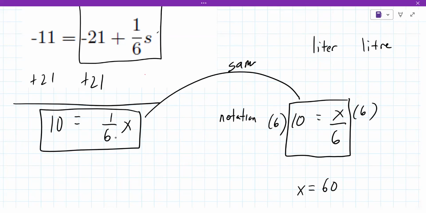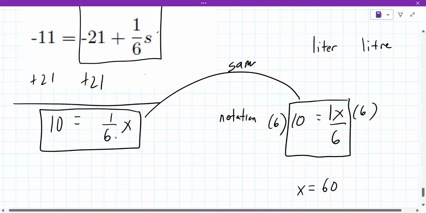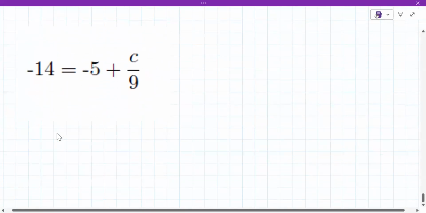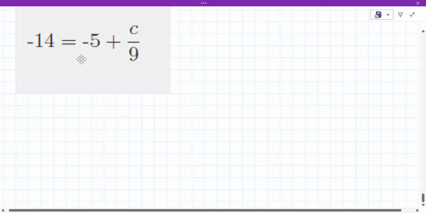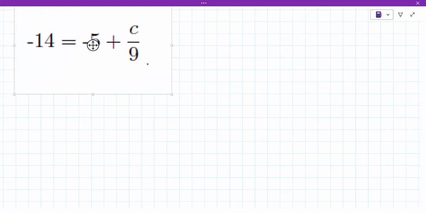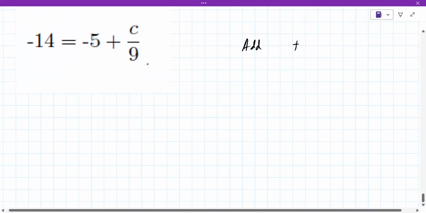Okay. Remember, there's really a 1 in front of the X. That's why they're the same, because 1/6 is the same as 1/6. So I apologize. I really don't want that to become a distraction. So let's solve this one again. You're going to add, then multiply.